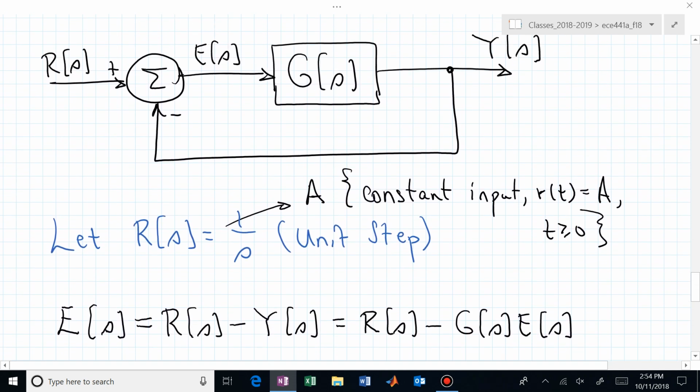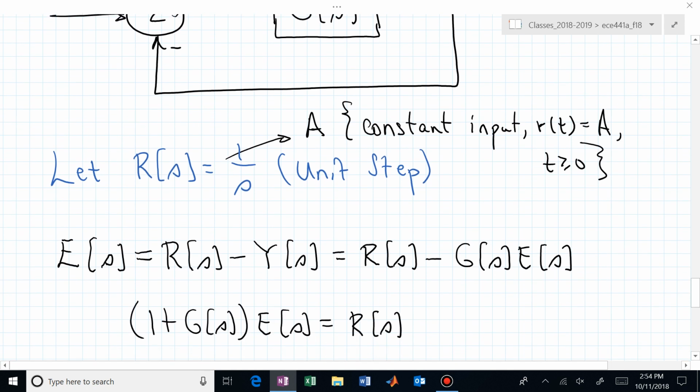Again, we can derive that expression for E of S. E of S is R of S minus Y of S, but Y of S is just G of S E of S, and now we have one equation that only involves R's and E's and all the transfer functions in the expression. We can factor the E of S out of those two common terms.